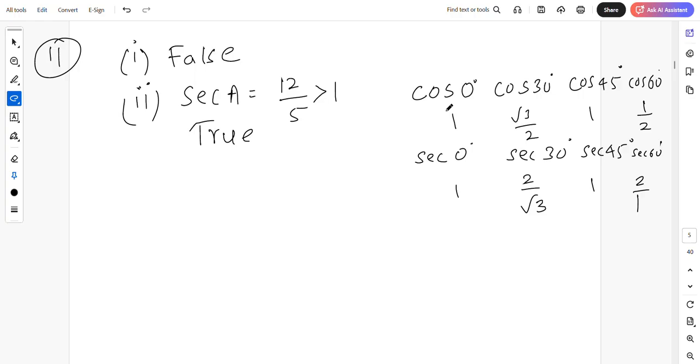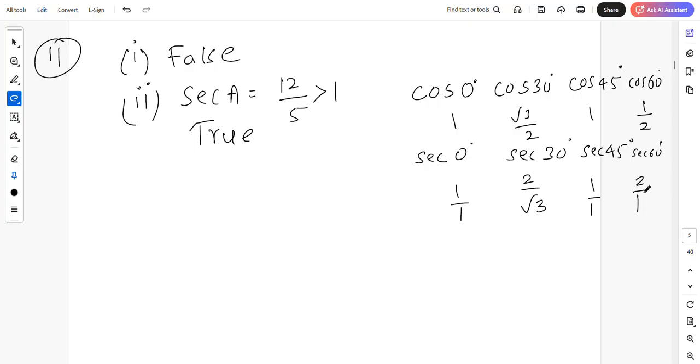Secant is the reciprocal of cos: secant 0 is 1 by 1, which is 1 itself, secant 30 degree is 2 by root 3, and secant 60 degree is 2 by 1.